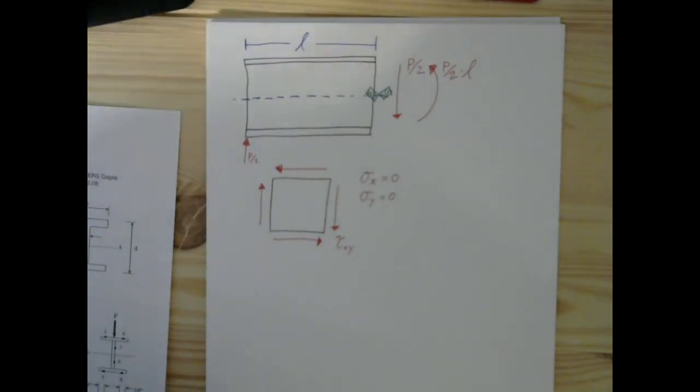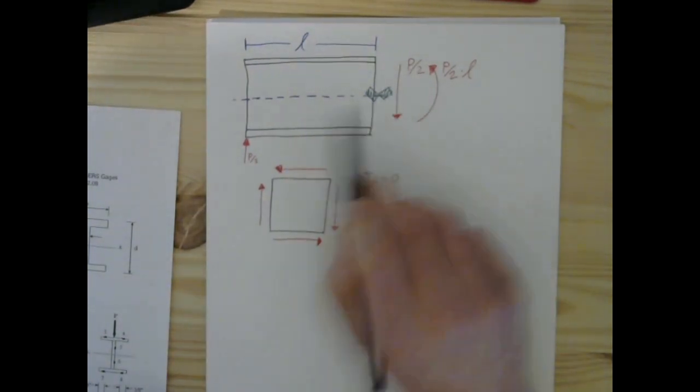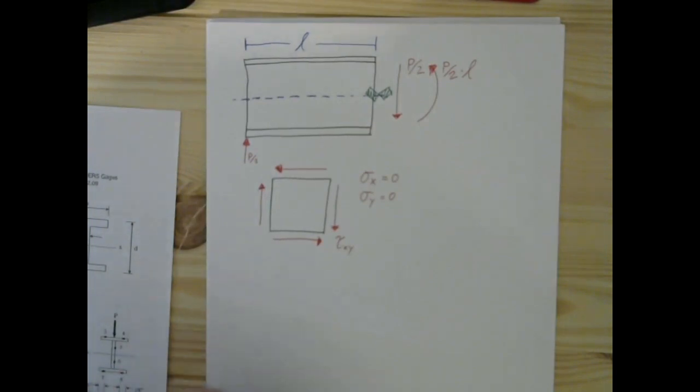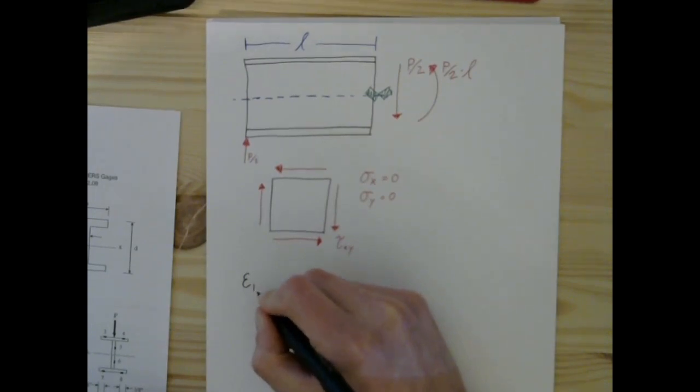Now, when we're using a strain rosette, because these two are lined up at angles, we are going to want to use this equation, which some of you are probably wincing at.